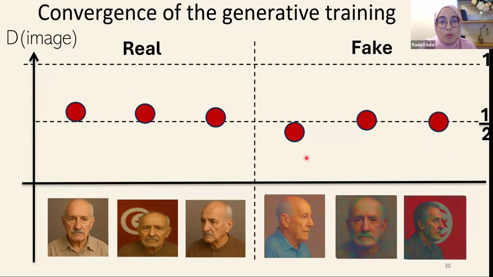This back and forth continues until the generator's fake data almost perfectly overlaps with the real data, and at that point the discriminator can no longer reliably tell them apart.